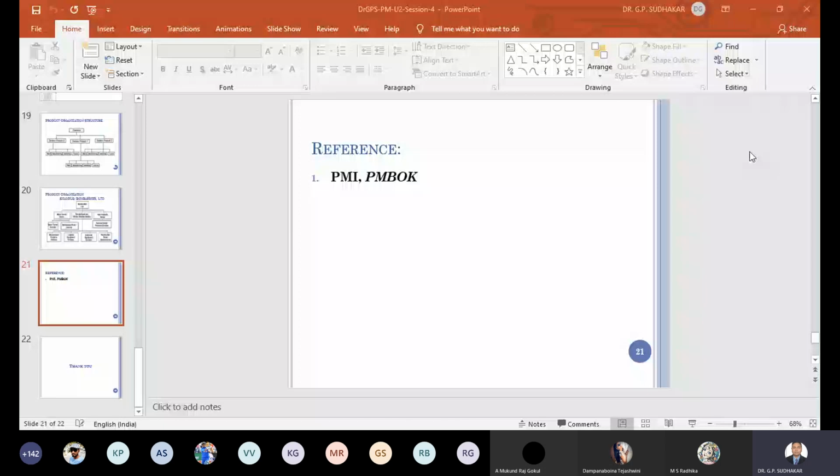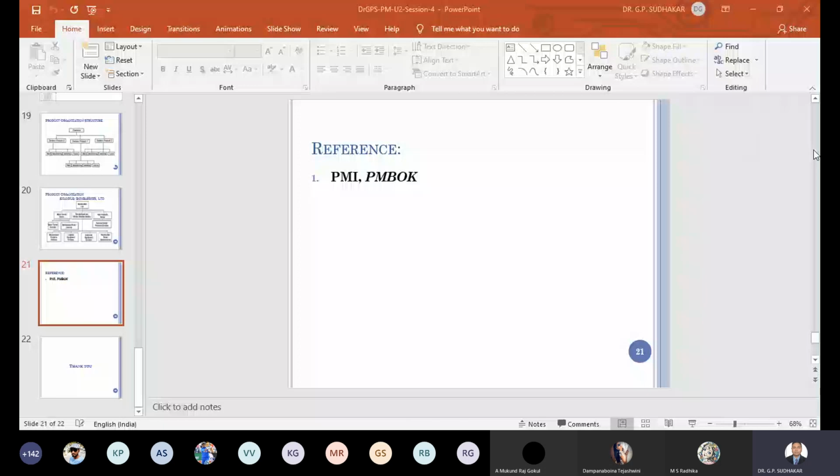In unit 2, project planning and organization, we discussed what is the meaning of organization structure, what are the components of organization structure, followed by the functional organization structure, project oriented organization structure, matrix organization structure, different variants we have seen, followed by the product oriented organization structure we have seen, right? So this is about organization structures.